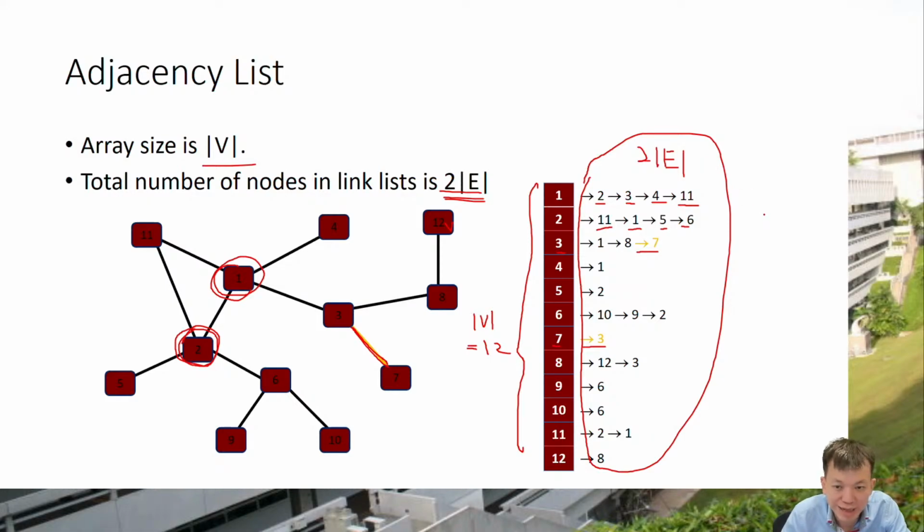You can go and count it, I don't have time to count for you, but I give you some time to try. Yes, 24 nodes, as expected because they are symmetric. There are always two corresponding nodes, 3 to 7, 7 to 3. This is for an undirected graph, but it may not be true in a directed graph. The number of nodes in all the linked lists is 2E.